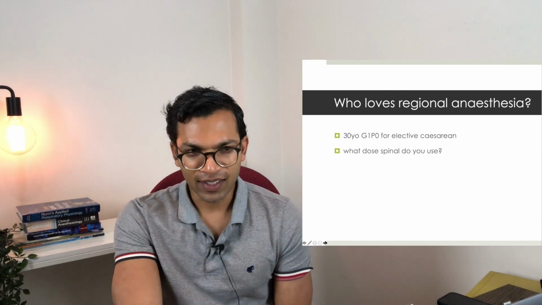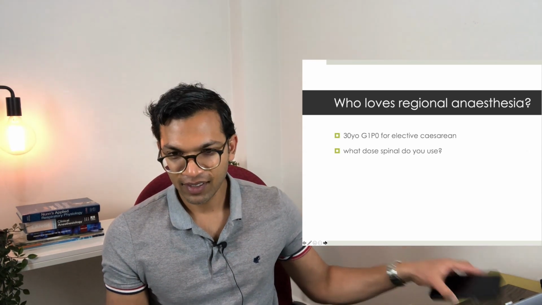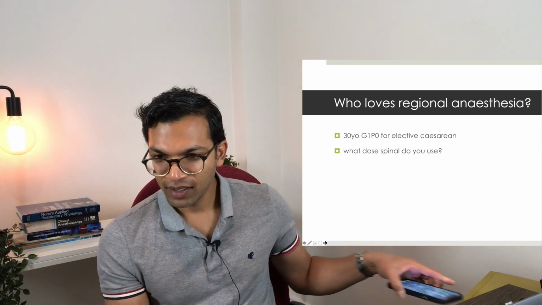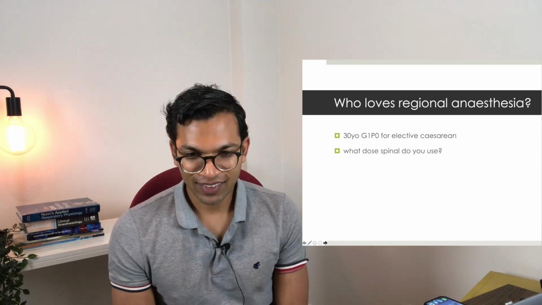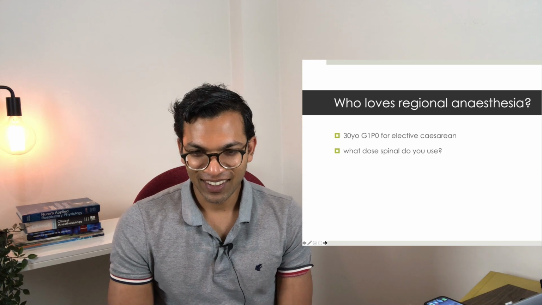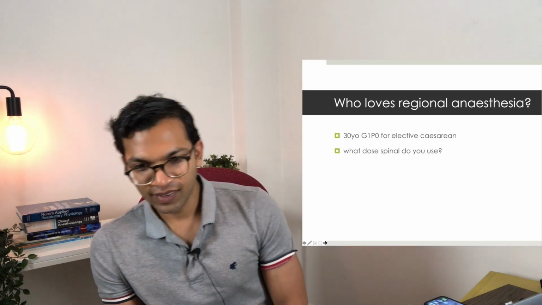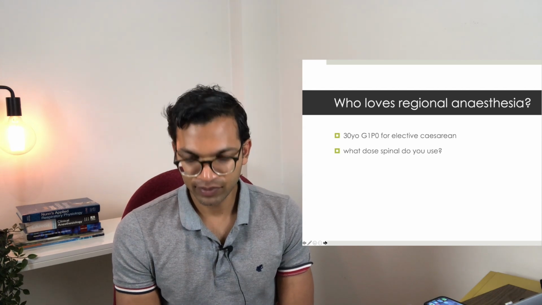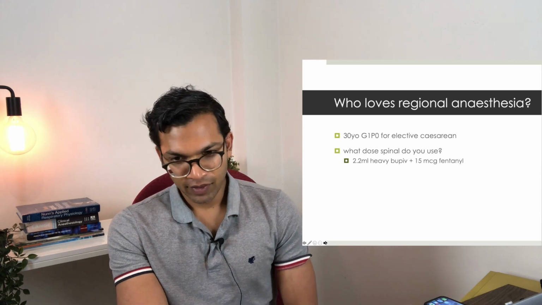Has anyone done too many of these in your training? We'll go for a volunteer here. Yeah, go for it. I'll go like 2.2 mils of 0.5 heavy bupivacaine, and I'll go 15 mics of fentanyl.